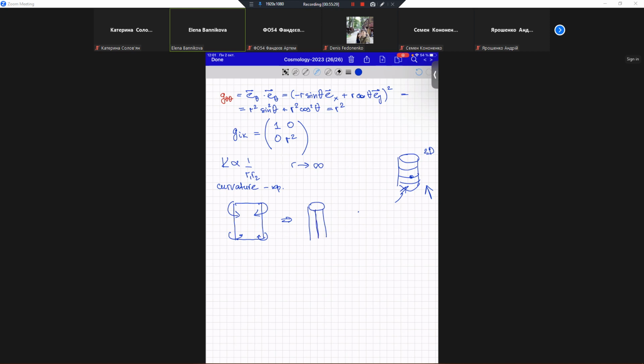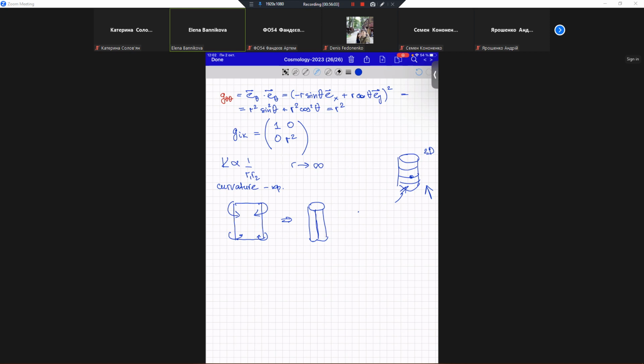I will put it like this. So you can open this paper again in such a way that from the cylinder surface you obtain a flat surface. It's understandable.